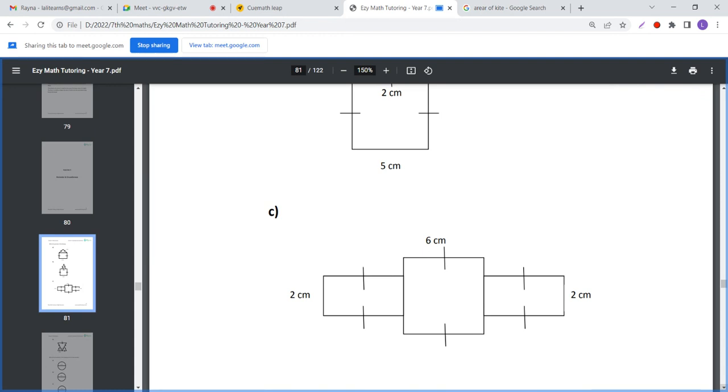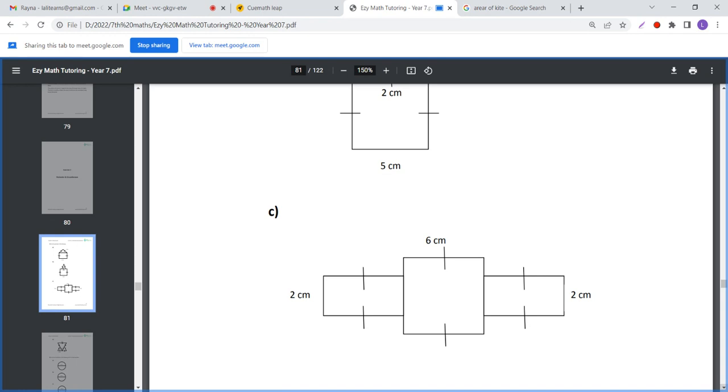That will be 34. How did you get 34? Wait. Oh no, not 34. The 40, 40.